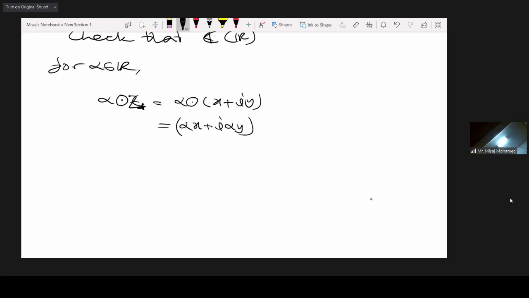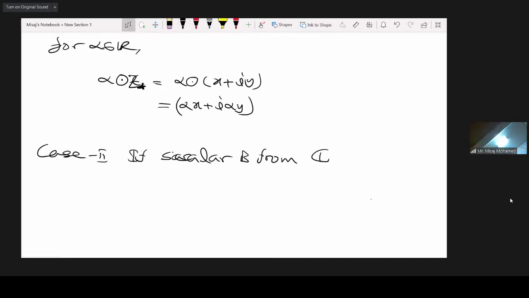In case 2, if the scalar is from C, now the scalar is a complex number. Let alpha be from C. Then alpha can be written as alpha 1 plus i alpha 2.